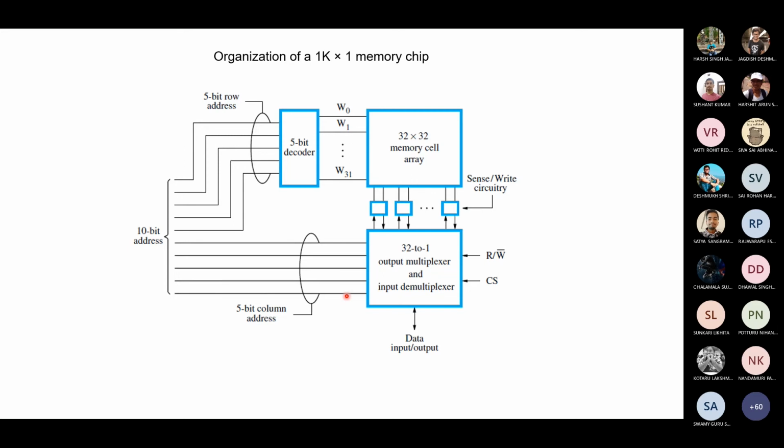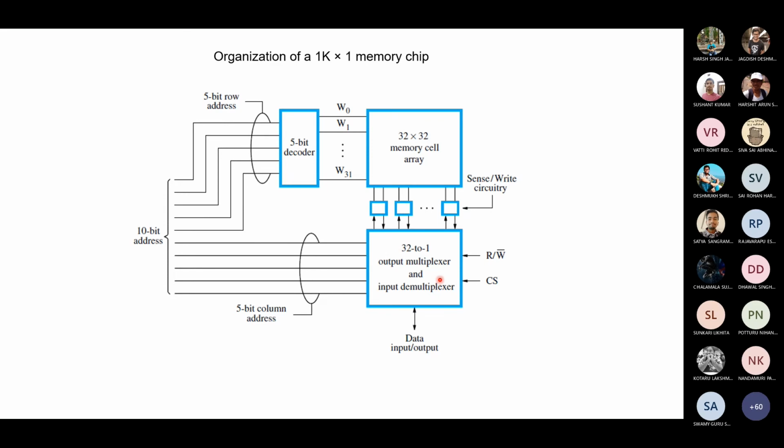And which one to go? It is selected. I mean, which one will come here, or this one will go to which? It will be decided based on this 5-bit. So this is one circuit which is basically a 32 into 1 output multiplexer and input demultiplexer.